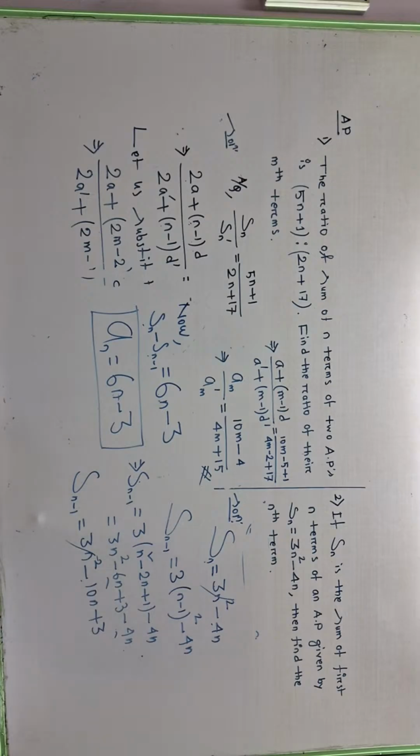Sorry, here some mistake I have done. It will be minus 7, 6n minus 7 it should be.